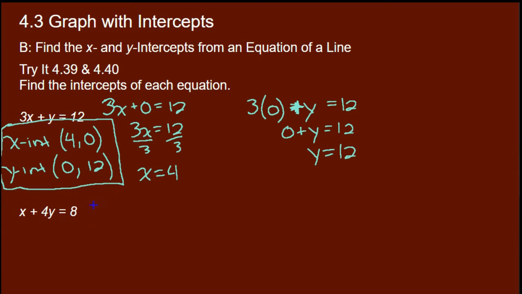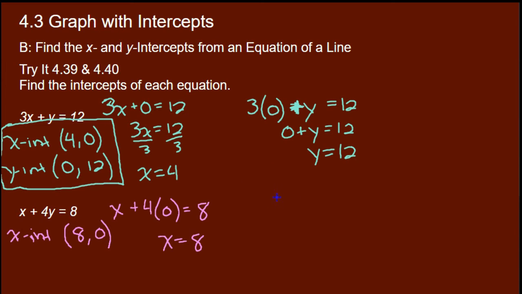Okay, the next one. So to find the x-intercept, we're going to let y equal 0. x plus 4 times 0 is equal to 8. 4 times 0 is 0, so x is equal to 8. That means our x-intercept is (8, 0).